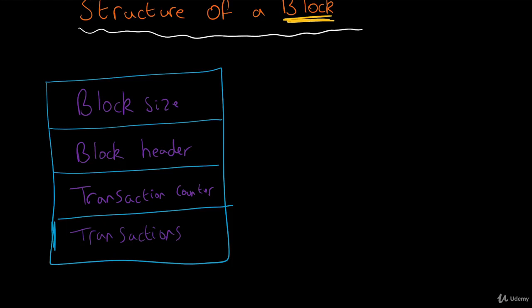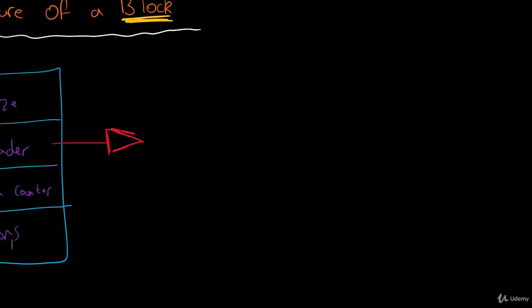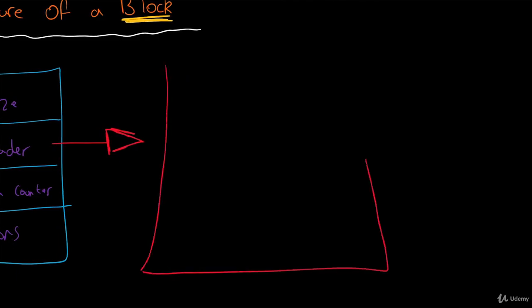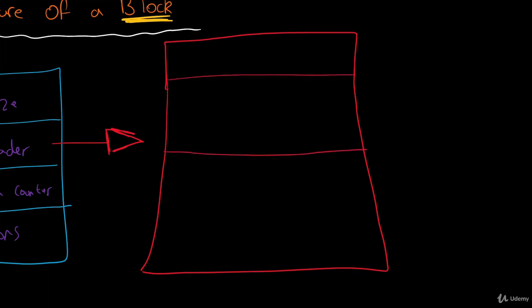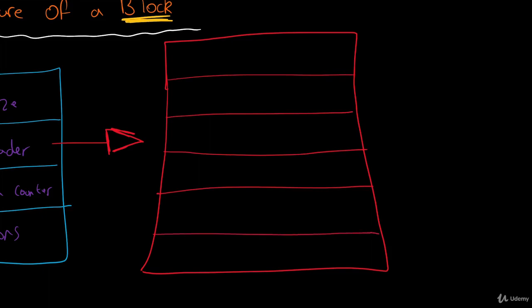So like I said, the block header is formed of several fields and they are very interesting fields. Let's cover those right here. There are 6 fields, so let's divide that in half: we have 3 there, and 3 here.